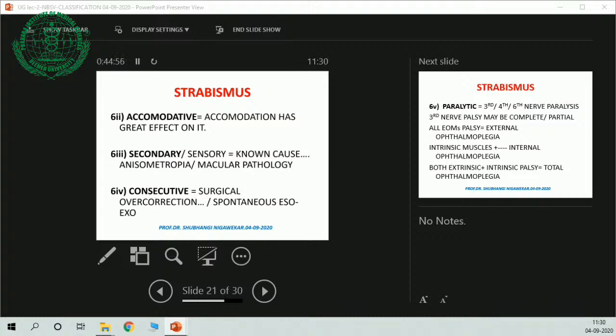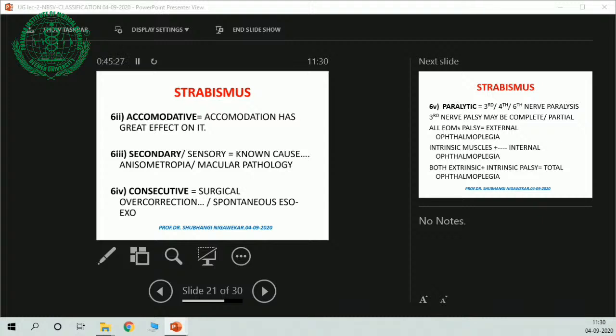And macular pathology also. If there is an organic lesion at the level of the macula, that part will not function, and we know that the fovea is the central part of the macula which has 6/6 resolution. If this part gets affected, naturally the visual acuity will deteriorate, it will be less than the other eye, and that's why the sensory impulses will not be proper in both eyes, they will be dissimilar.